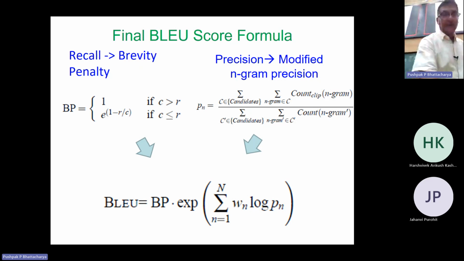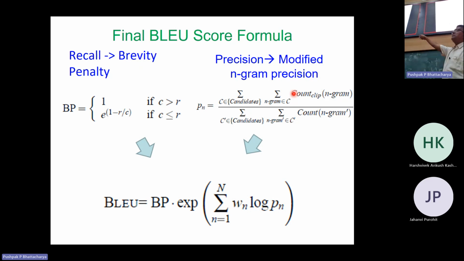The core of the formula is this. This is everything. The number of matches divided by the number of n-grams in the candidate translation. If the candidate translation is very short in length, it will get credit which is not real.